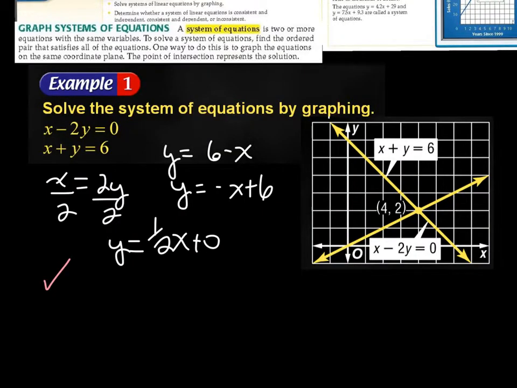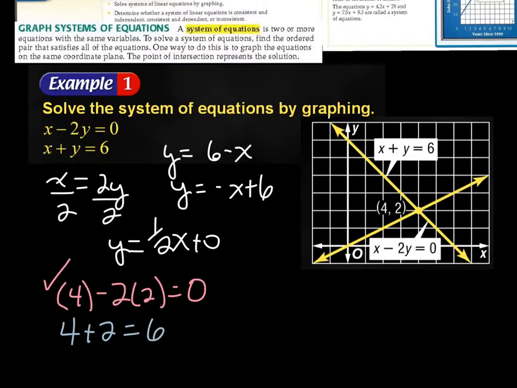It's always a good idea to check, so I'm going to take the ordered pair (4, 2) and substitute back in. 4 replaces x, and 2 replaces y, and 4 minus 2 times 2 is 0, so that one worked. In the second equation, 4 plus 2 is 6.